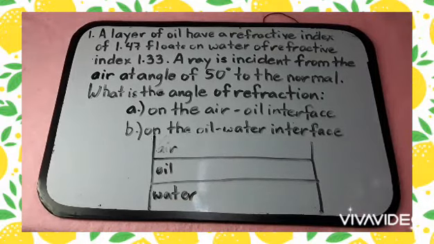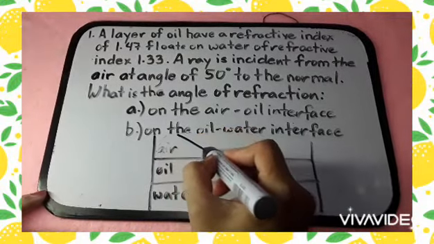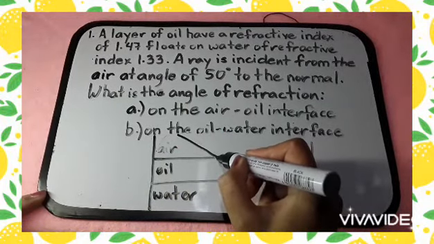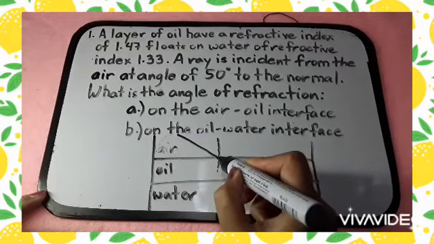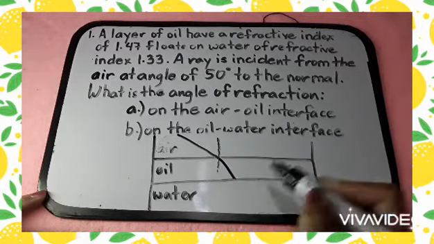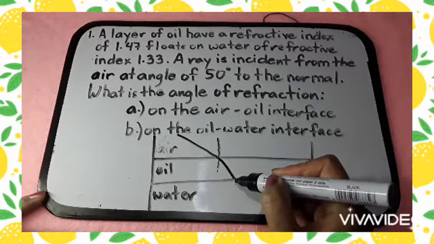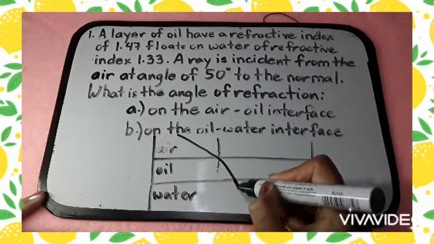So, an incident ray coming from the air strikes the boundary between the air and oil, and is refracted. So, let's first create a normal, and the refracted ray, and this ray will also be refracted from oil to water.